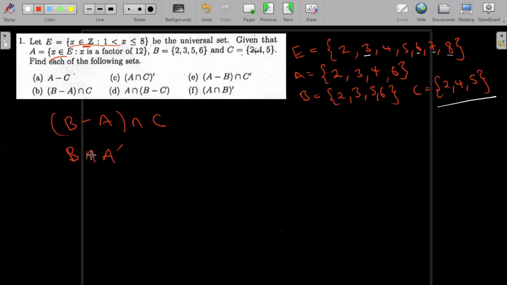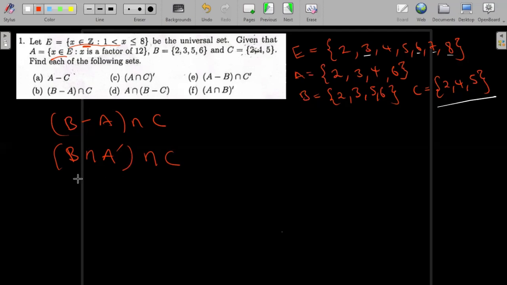When you change it like this, you put the intersect, and the set that lies to the right, you put its complement there. Then I close that up and have intersect C.